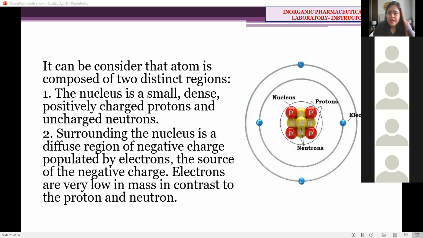The nucleus is small and dense and contains the positively charged protons and the uncharged neutrons. And then surrounding them is the region of negatively charged particles, where we find the electrons, which have low masses, so they are not really included in the atomic mass.